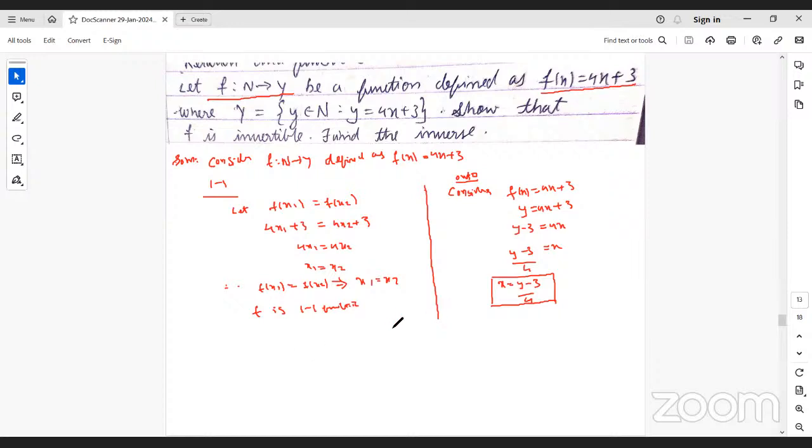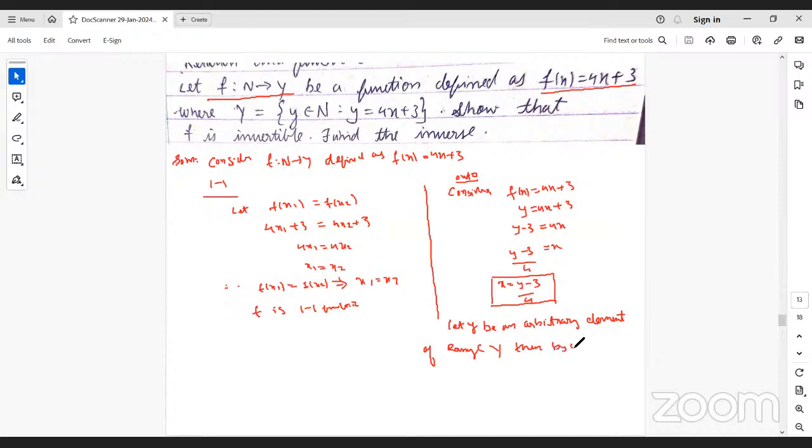Let y belong to the range, the element y be an arbitrary element of the range. Here the range of the function is y.